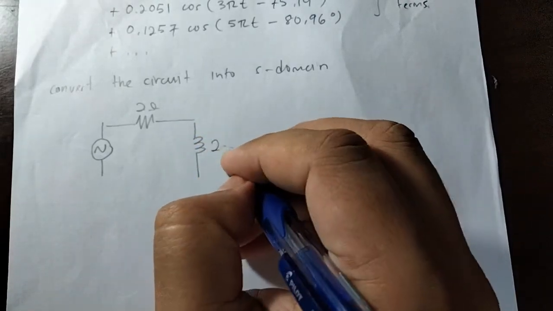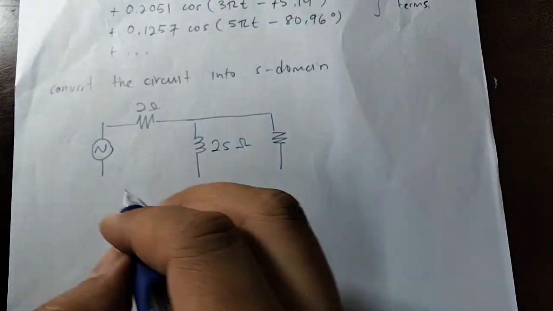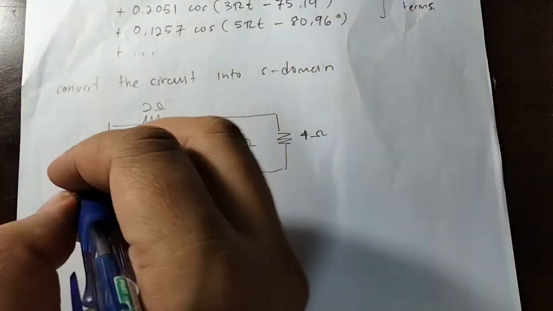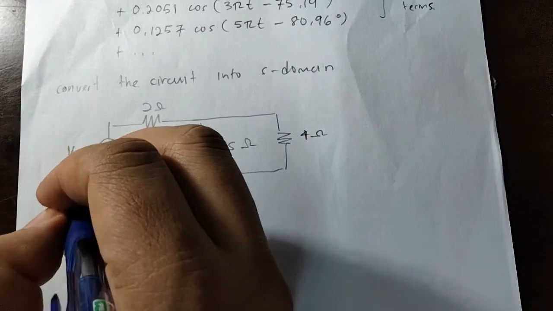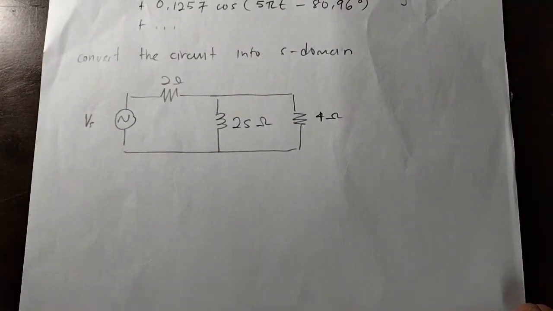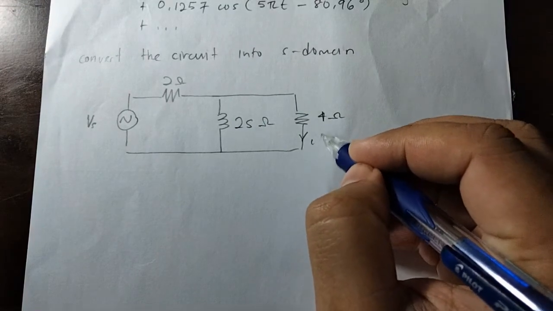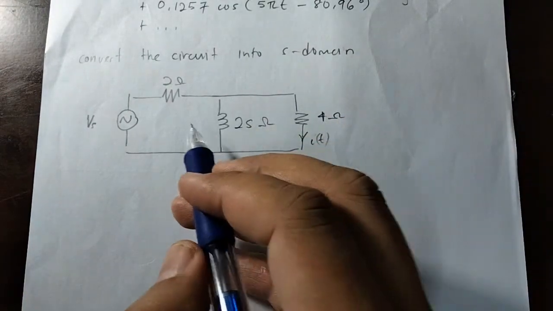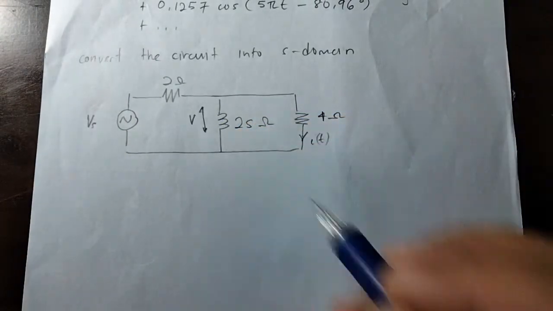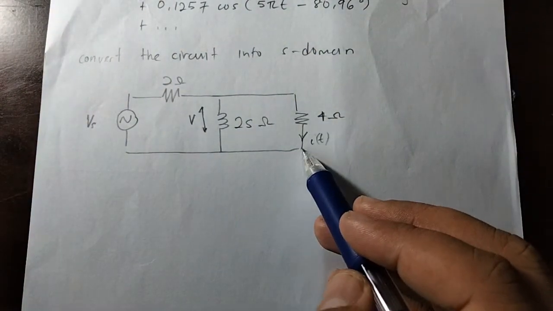The inductor will become 2s ohms, and the second resistor is still 4 ohms, and this is the Vs, right? Next, since we want to find the current here, what we can do is find the voltage across here and divide by the resistor to get the current.